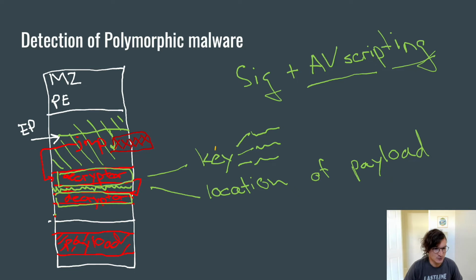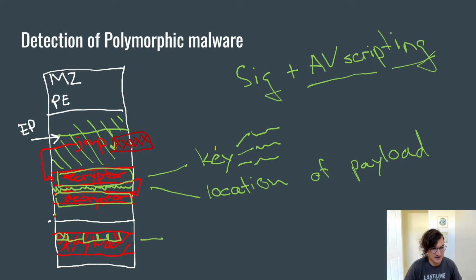And we would also try to find either an address or some sort of reference to where the payload is. So as soon as we find both, or we think we find both, it would try to decrypt using the key and decompress that payload, and then apply the signature on that decompressed payload, right?